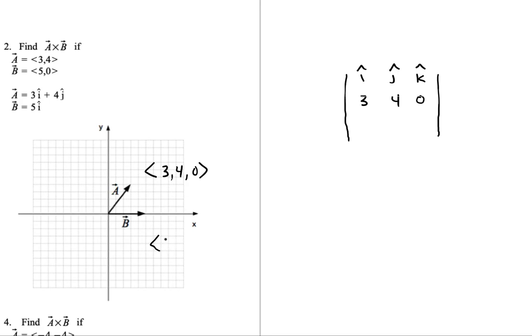B is 5, 0, 0. We'll just repeat those numbers so that we can easily make our diagonals.